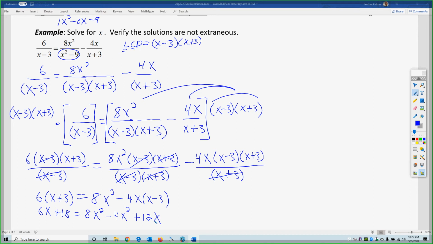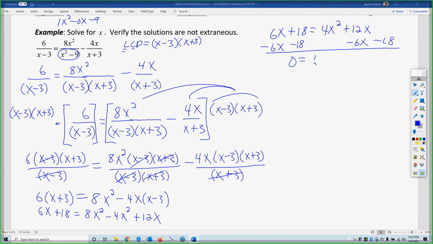Okay, so we'll go to the right-hand side over here. So we get 6x plus 18 equals, let's see, 8 minus 4 is going to give me 4x squared plus 12x. So now we're going to move the 6 over and the 18 over, so we can do our factoring, get it all to one side.